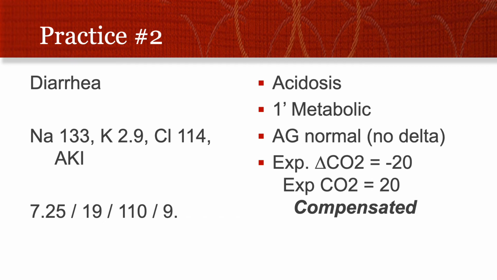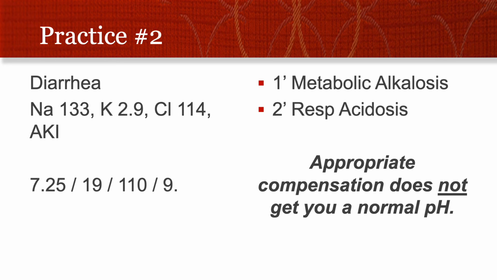The expected CO2 is 20, the actual is 19. That's very close, and so this is an appropriately compensated metabolic acidosis. I bring up this slide to say that an appropriate compensation does not get you to a normal pH. Compensation doesn't fix you. It just gets you less dead.